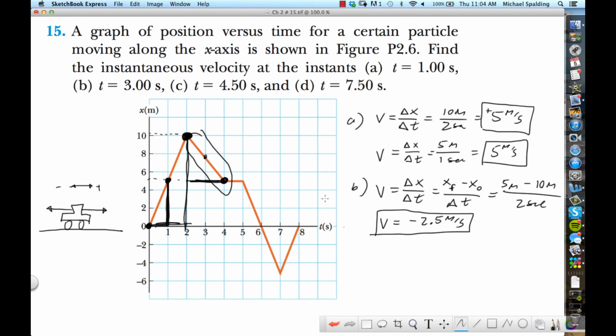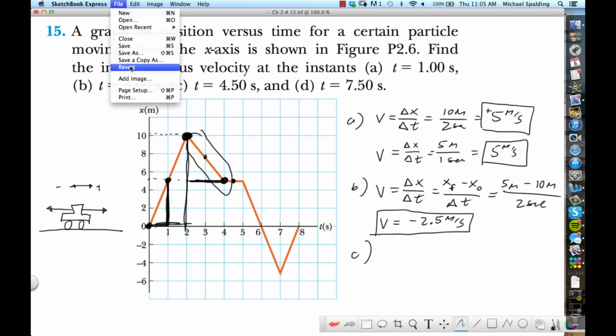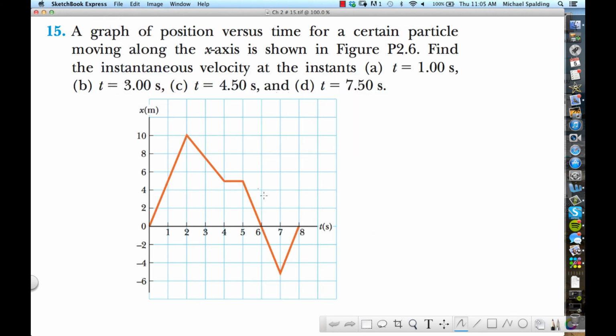All right, part C. The velocity at t equals 4.5, right here. So I'm going to revert back and clean this up. So 4.5 is right there. What's the slope of the line there? 0. So the velocity is 0. But if you want to be real thorough, you would do delta x over delta t.